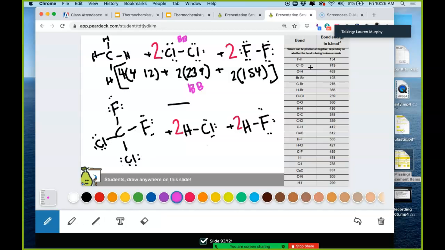So carbon, chlorine, let's see, 339. There's 1, 2 of them. Plus, there's also 2 carbon fluorine bonds.